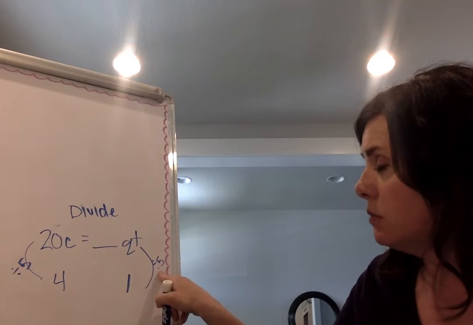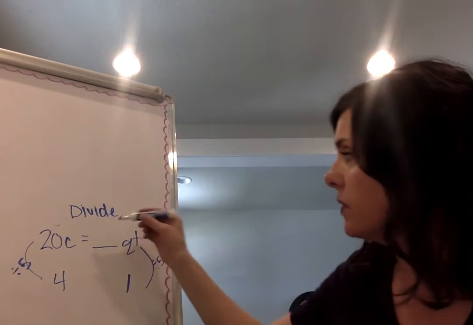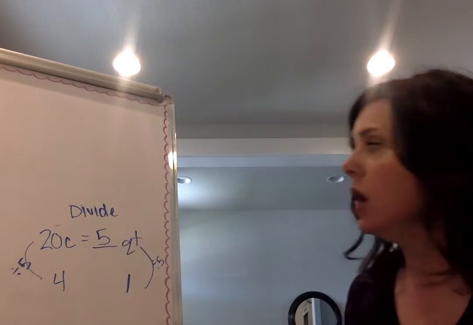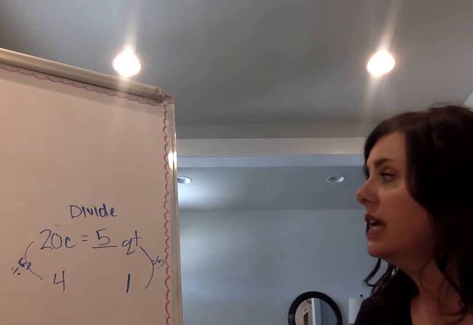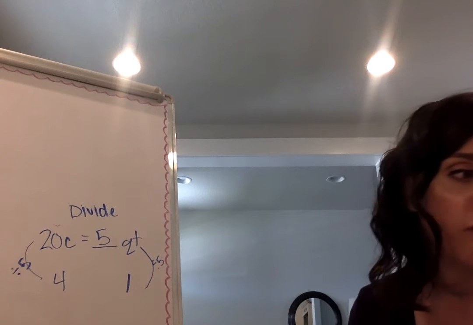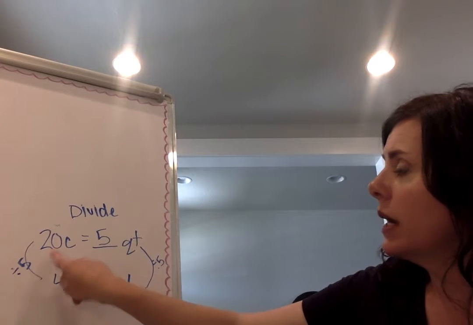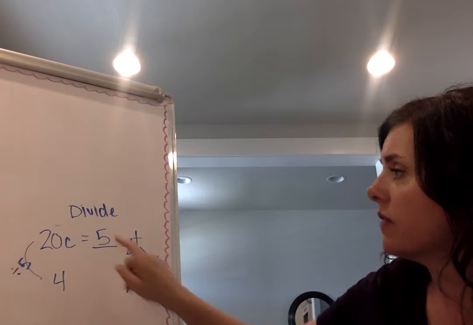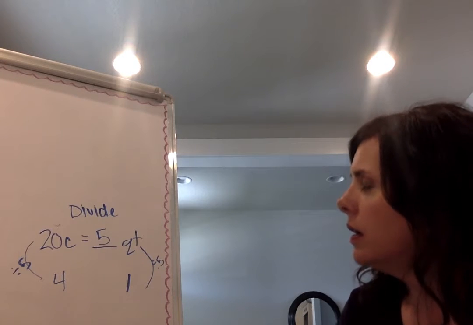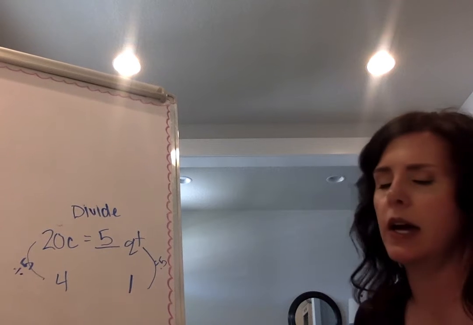What times 5? 1 times 5 is 5. So in this case, I'm dividing by 4. 20 divided by 4 is 5. I kind of went the long route on that one. Maybe I'll try to simplify on our next example.